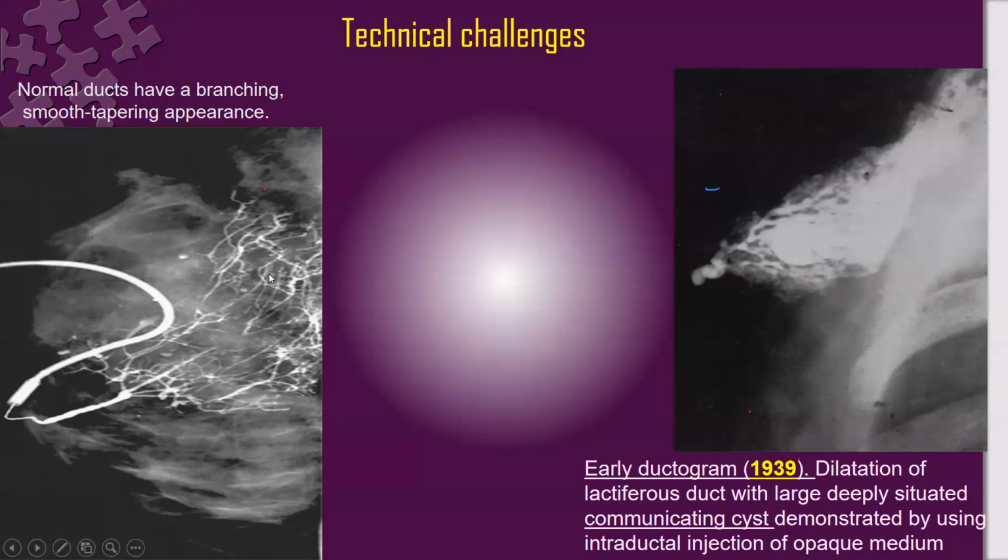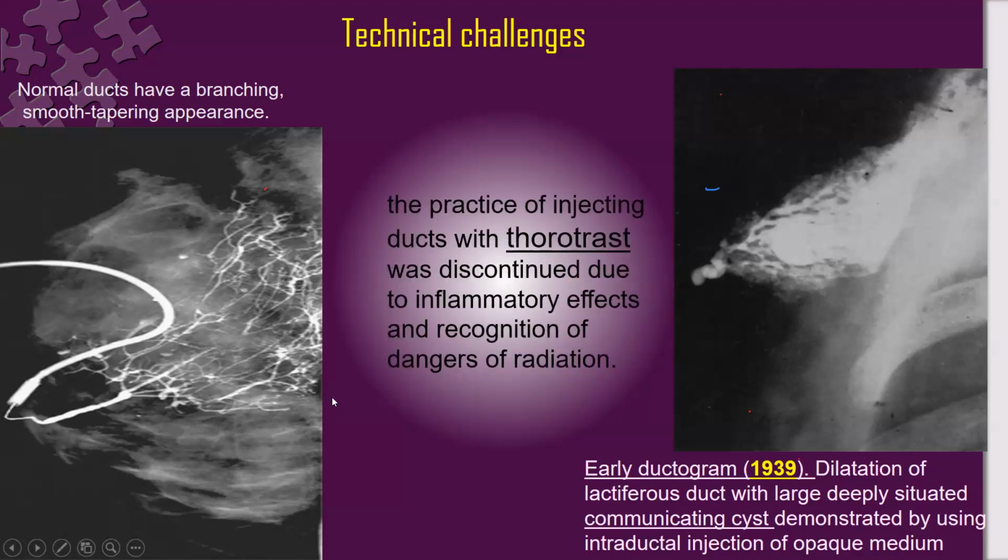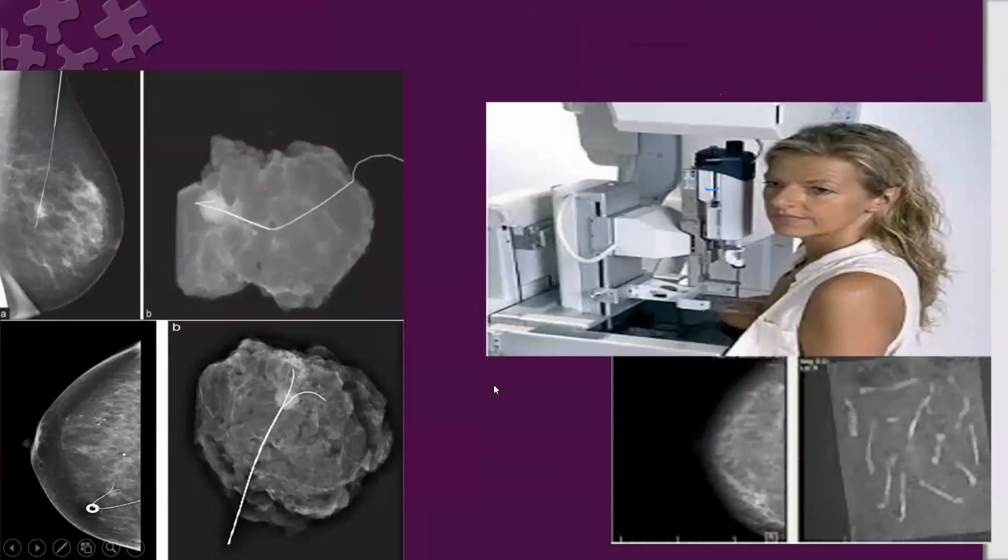You can compare it with the very high resolution, excellent image at current times. Also at that time they used Thorotrast as a contrast for ductography, but it was discontinued because of its inflammatory effect and recognition of the danger of radiation.